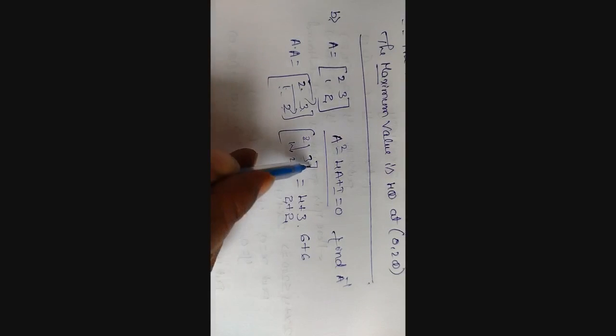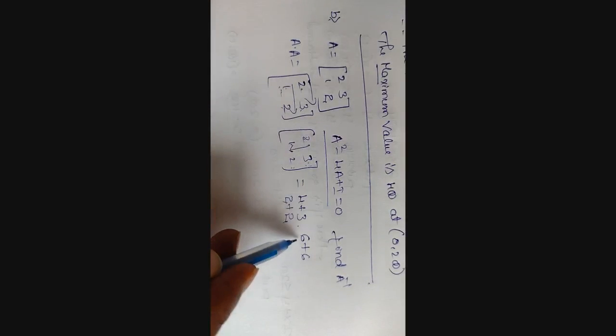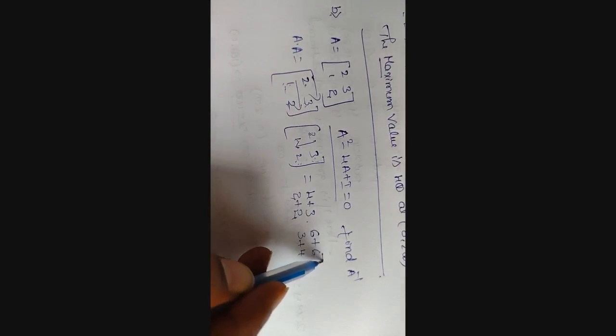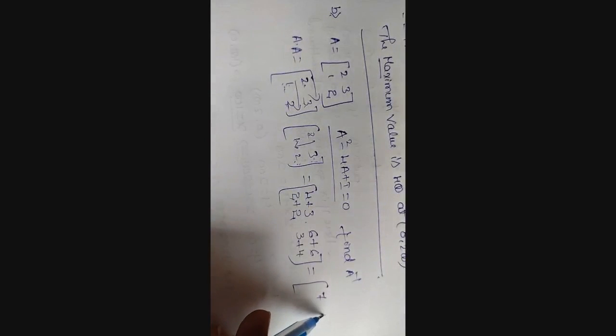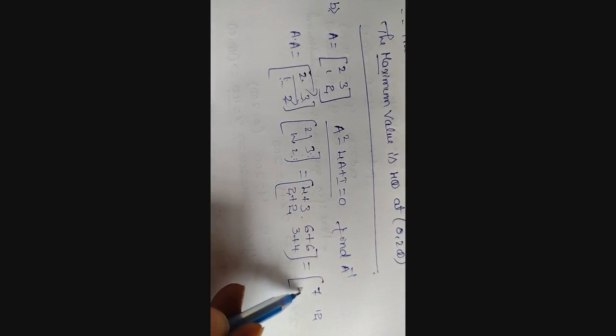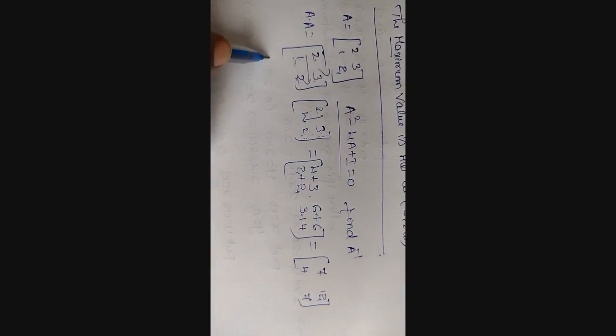Same second row with the second column: 1 3s are 3, 2 2s are 4, which gives 7, 12, 4, 7. This is the A square value. Clear? A square is equal to 7, 12, 4, 7. Clear?